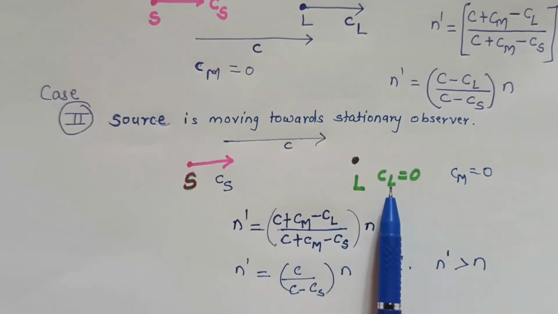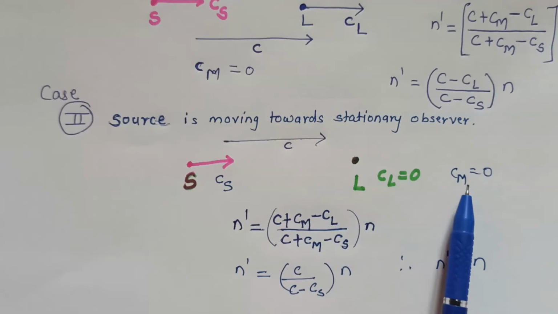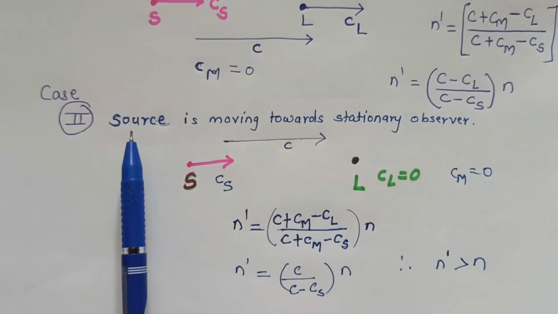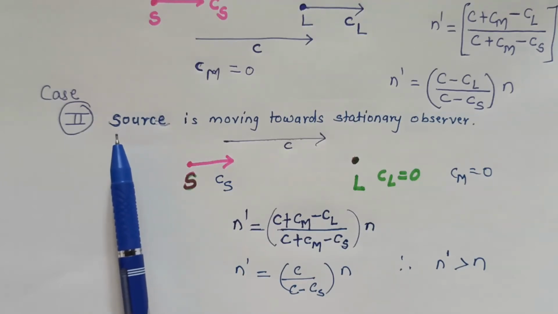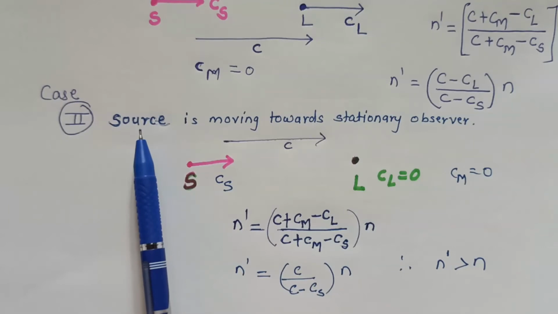Put the value cl equal to 0 and cm equal to 0. In each case, consider the medium as stationary, so the velocity of the medium is 0.